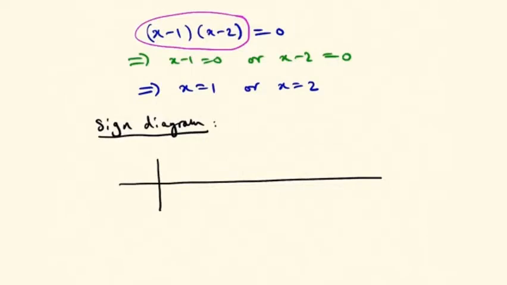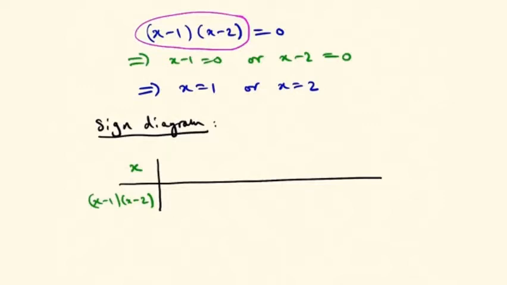I draw what looks like a table. I have x on top, and I have the expression that we're investigating below. And there's a line in the middle which is meant to represent the real number line, in as much as it captures the important points where the expression becomes 0.